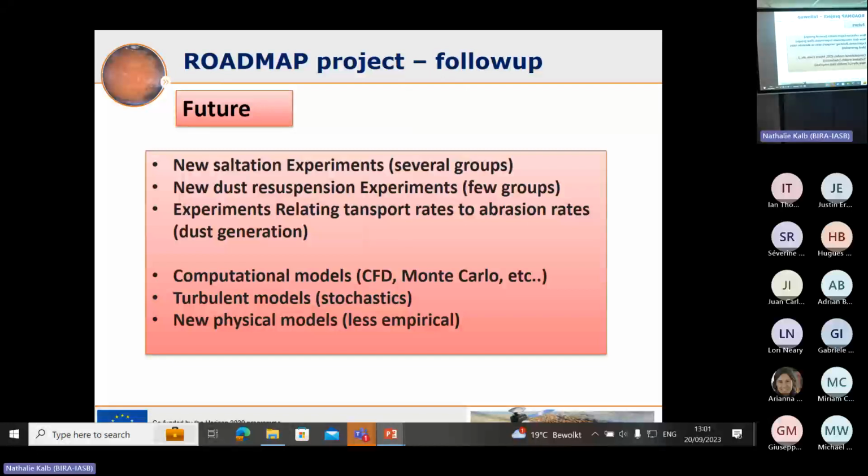We have at least 3 groups which come regularly and study saltation, not always focusing on the low pressure, but normally always using the fact that we can close it and we don't generate dust in the lab. And nearly every time they come, they see something new that we hadn't expected.